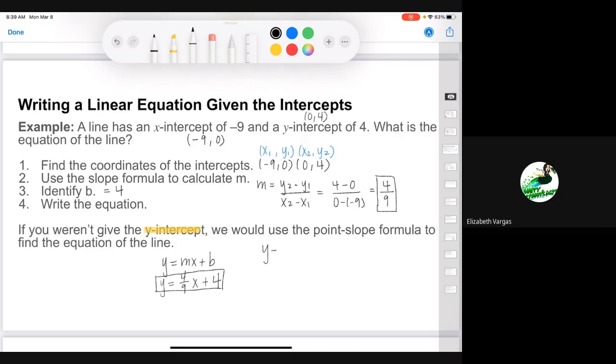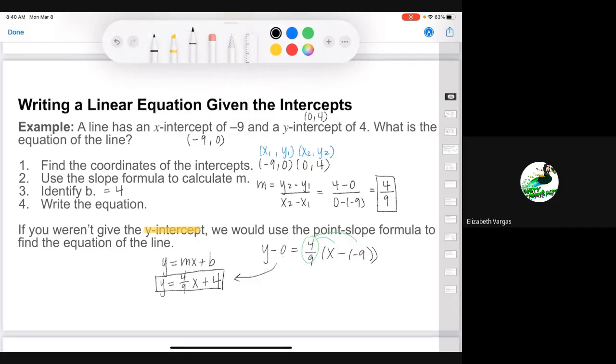So I would do y minus y1, where y1 is 0, equals m, which is 4/9, times x minus x1, which is -9. I would simplify that, put this in, see what that is equal to, add 0 on both sides. Either way, at the end, I would arrive at the same equation.